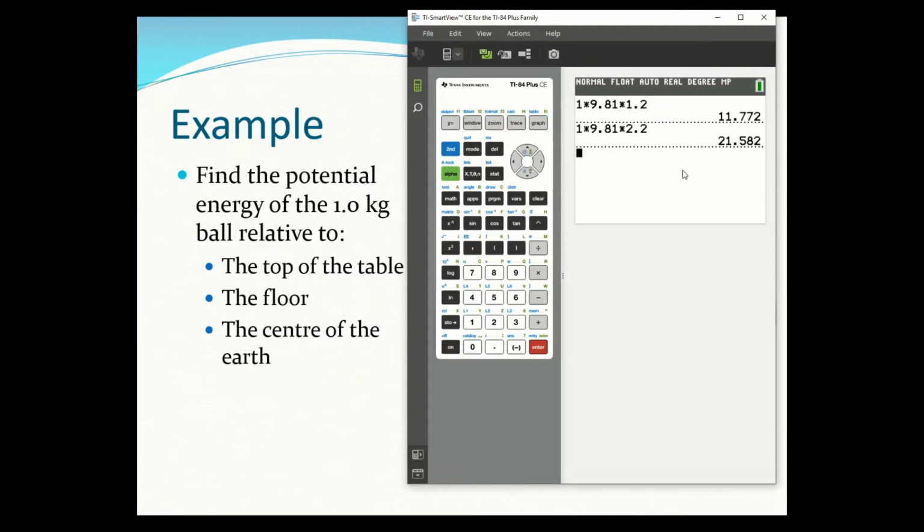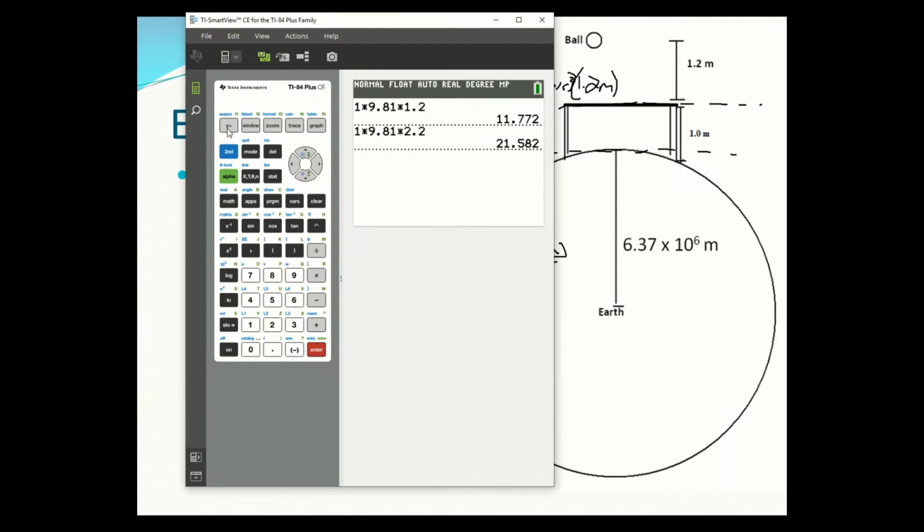So all that we would do is instead of 2.2, we would have 6.37 times 10 to the 6. I guess we should add on the 2.2.